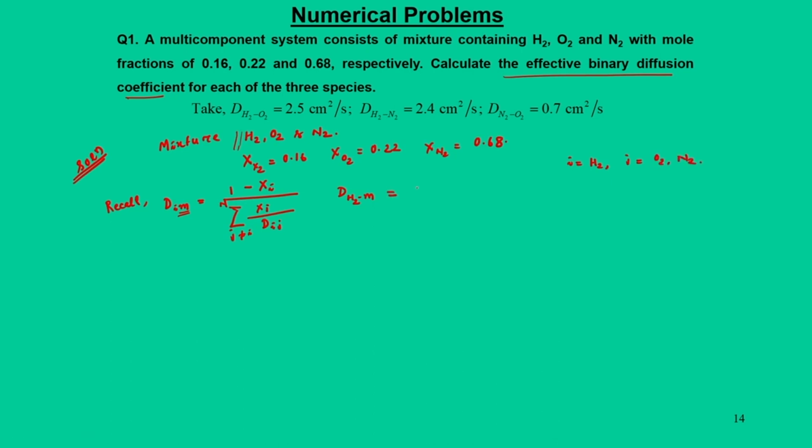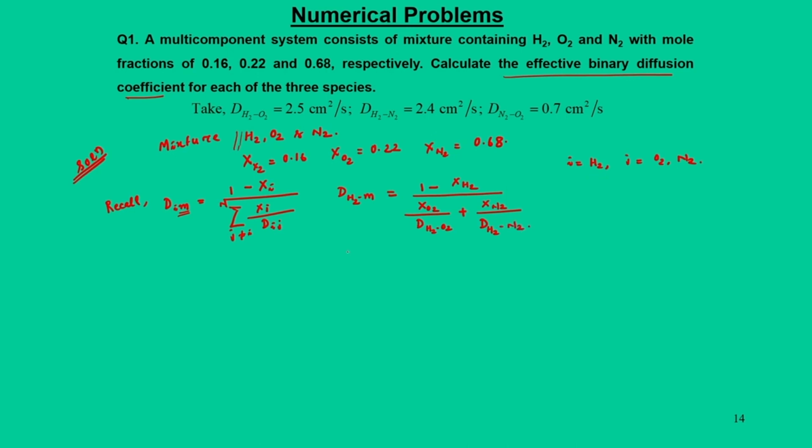So, we write 1 minus x H2 divided by x O2 over D H2 O2 plus x N2 over D H2 N2.